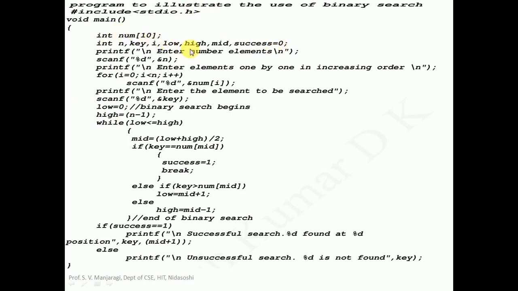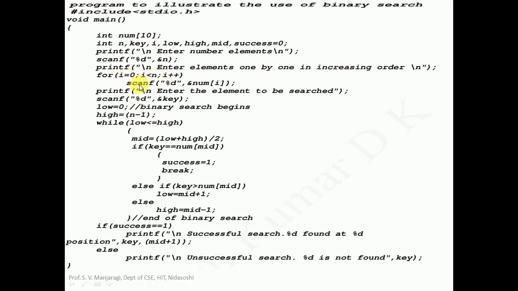Printf enter number of elements, so you are reading the value of n here, and after that we have to enter the array elements in ascending order, because the array should be sorted in ascending order for binary search. So we read the array elements.